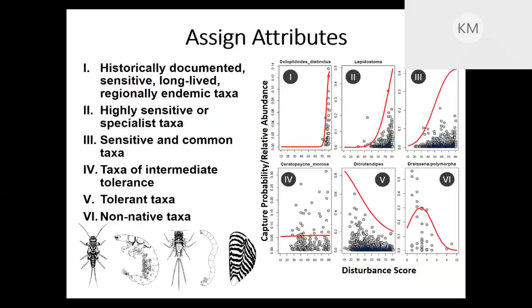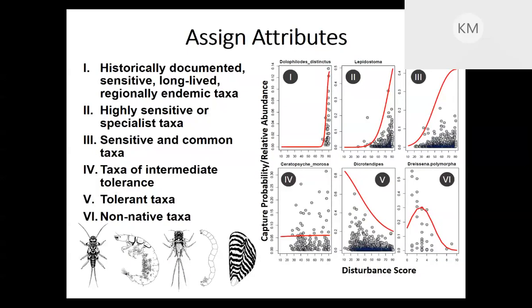So the first step is to assign attributes to your taxa. Once you've convened your panel and you start looking at individual taxa, based on their expertise and based on data like what you're seeing here on these graphs, you're assigning taxa to one of these 6 attributes. There are 4 other attributes in the BCG, but most BCGs really only focus on these 6, and that's what we did.